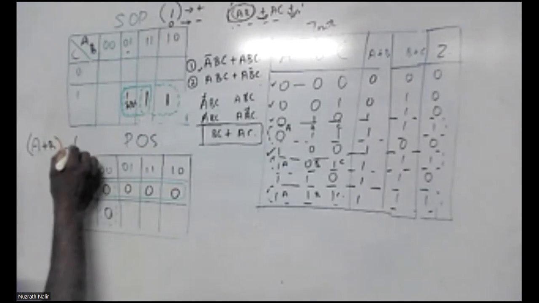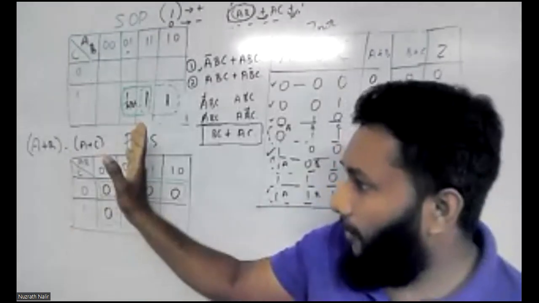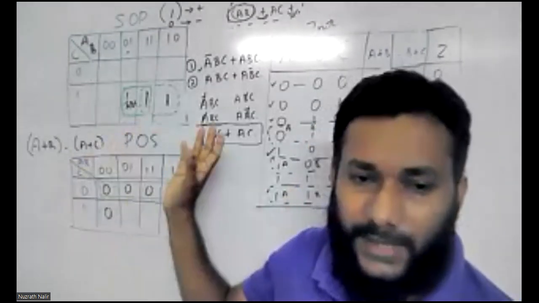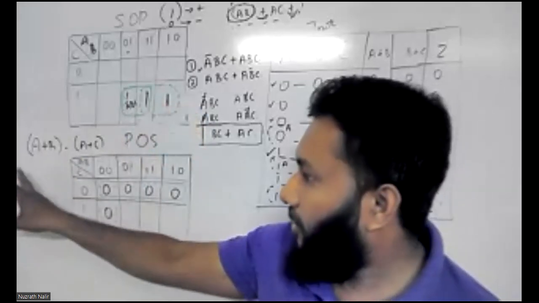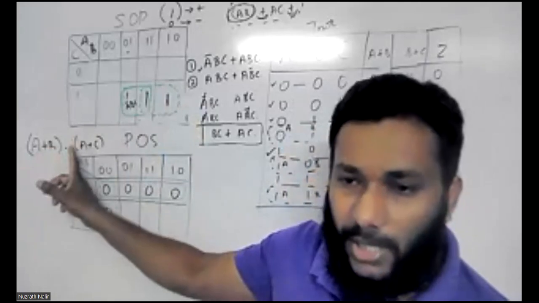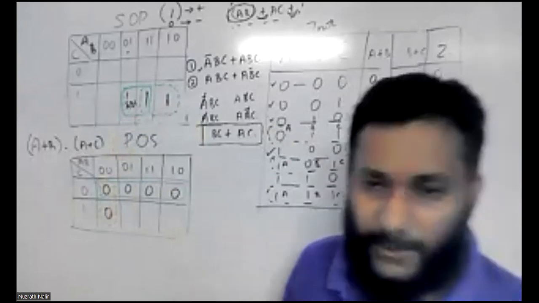So the product of sum means we learned A plus B. Your summation, your sum is going with the product A plus C and so on. You understand? So POS means product of sum. You are producting the summation groups. So A plus B dot A plus C. This is your example of the product of sum. Fine.